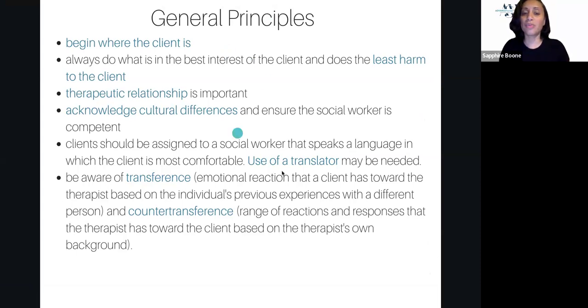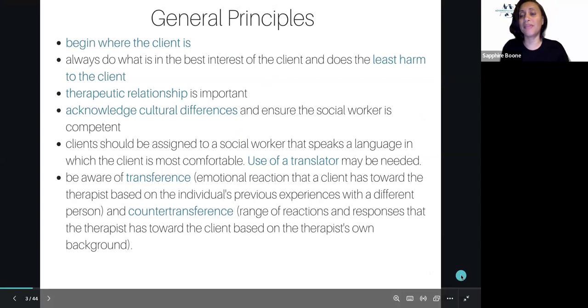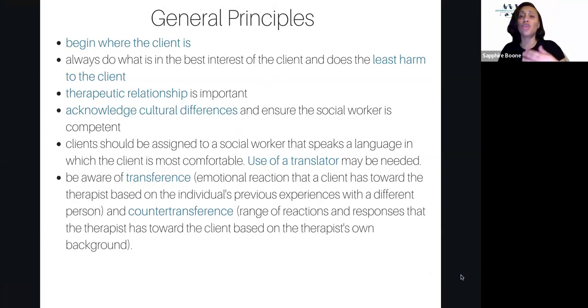The other thing that is really important for you to know is that the therapeutic relationship is really important, that you can influence and impact your client just based upon the rapport and relationship that you have. We want to make sure that we keep cultural competence in the forefront of our mind as we talk about these different phases.